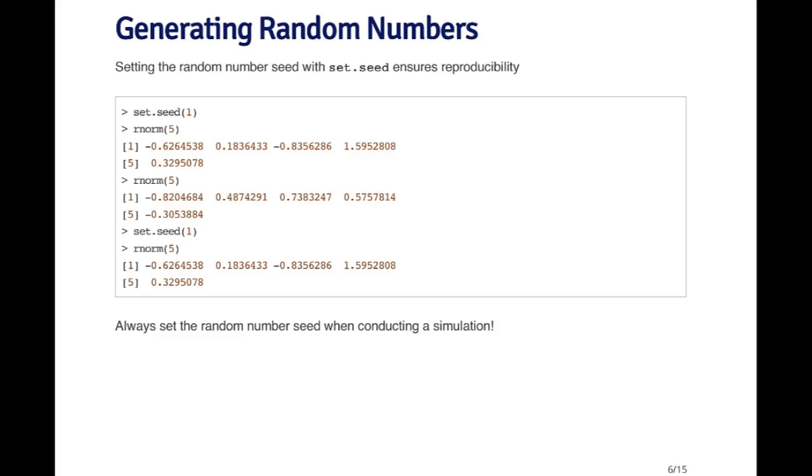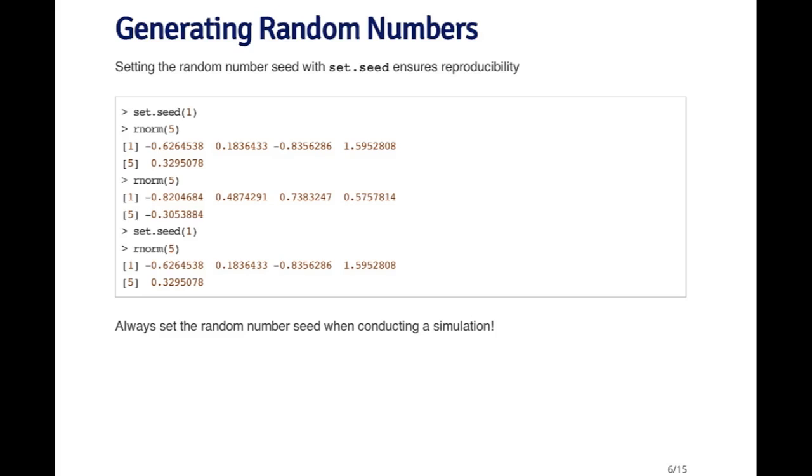So when you set the seed, it kind of sets the sequence of random variables that's going to occur. And if you reset the seed, you set the sequence to go back to where you started. And then it will continue to generate random variables from there. So this is important because it allows you to reproduce the random numbers that you generate. Now that might sound strange, because why would you want to generate the same random numbers twice?